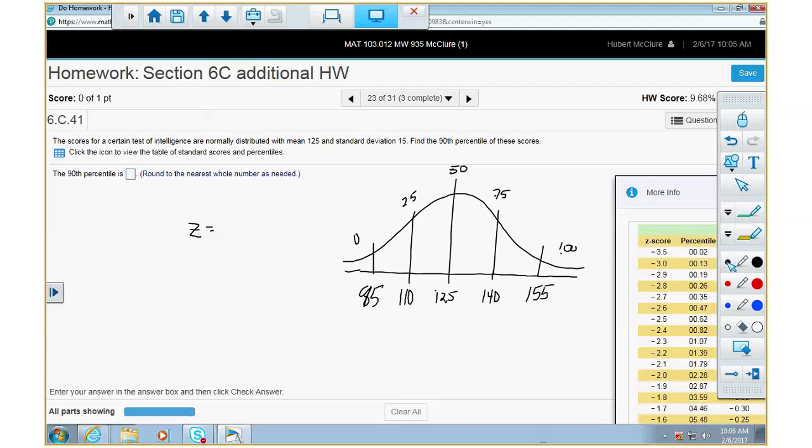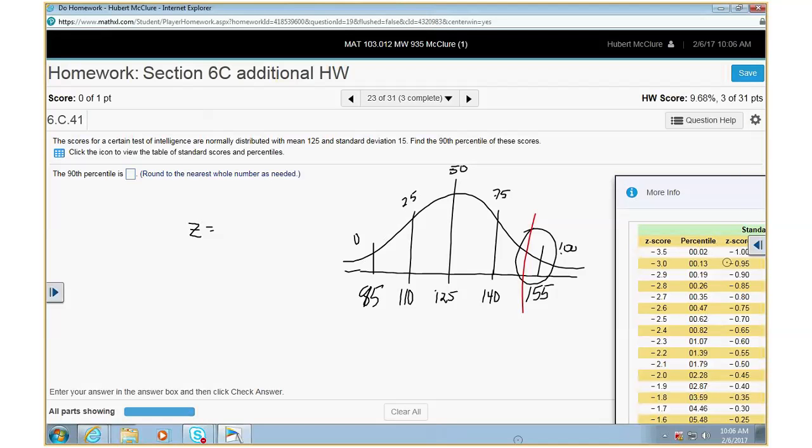So 90 would probably fall somewhere in here. Wouldn't y'all say that? So I'm just going to draw a circle right there, and I'm just going to put a red mark somewhere in here. And I'm saying that 90% is right in here.